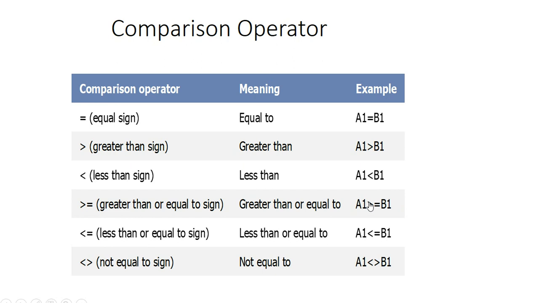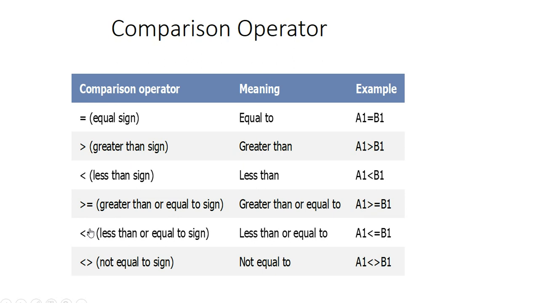If either is satisfied, then the condition is true. If the greater than is not true, but the equal sign is true, then the overall result is true. If both are not true, then the condition is not true. So these operators are used to check conditions or to do logical tests.